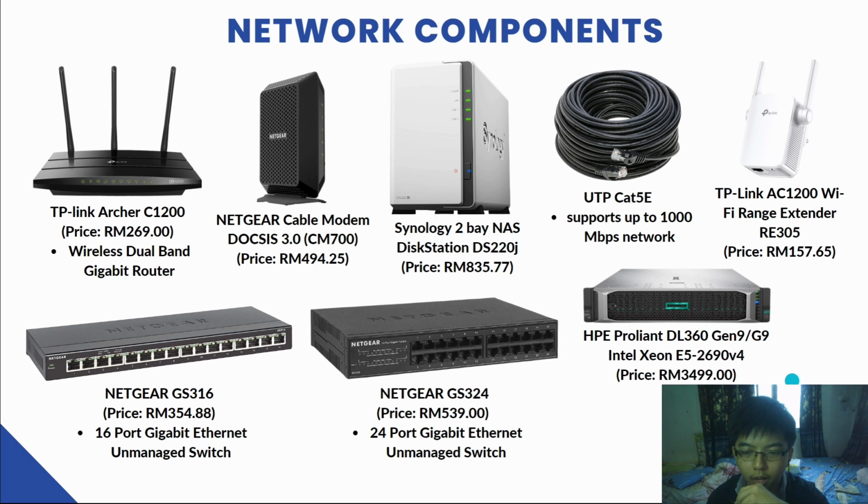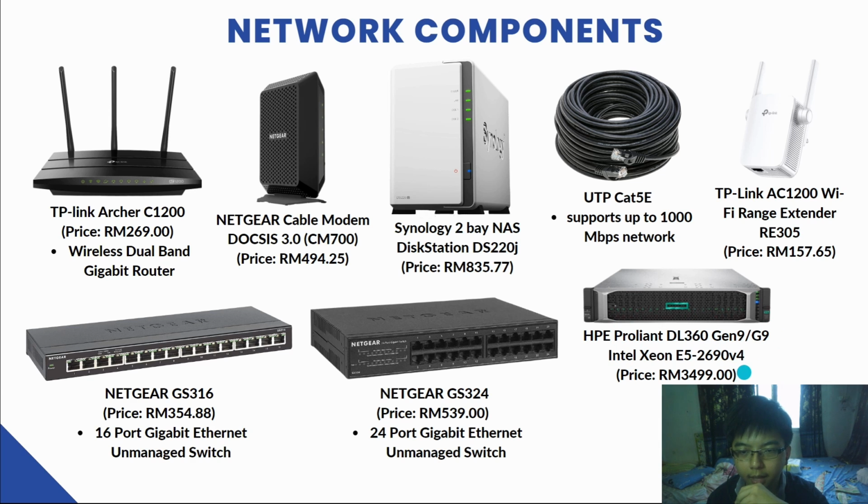Next, I want to introduce the web server. This web server is installed with a powerful processor, the E5-2690. This web server can do efficient and dependable operation in performing various tasks.